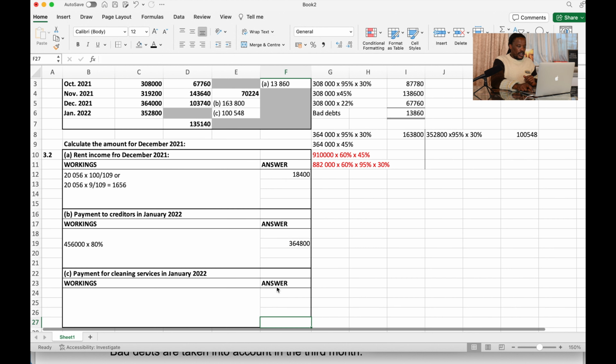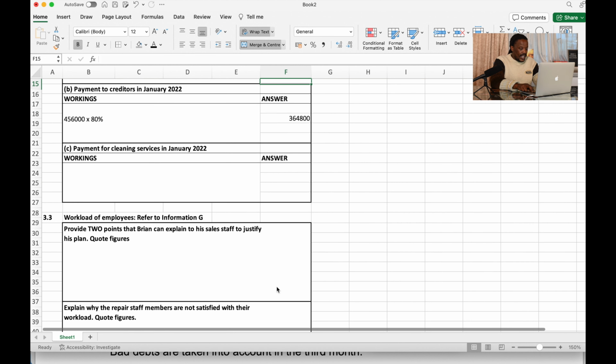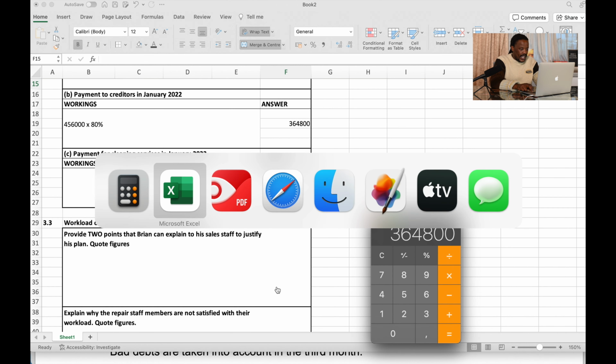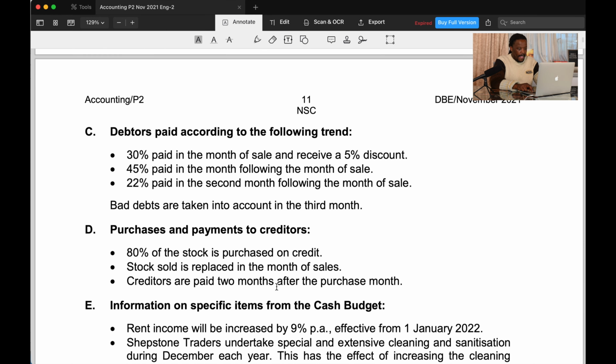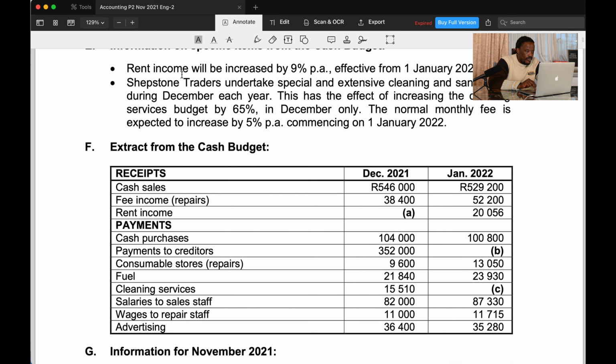And then you have the last question now, which is number C. Let's look at the asterisk for number C, what it has to do with. It has to do with salaries, cleaning services. Now, you read the information. Shepstone Traders undertake special and extensive cleaning and sanitation during December each year. This has the effect of increasing the cleaning services budget by 65% in December only.